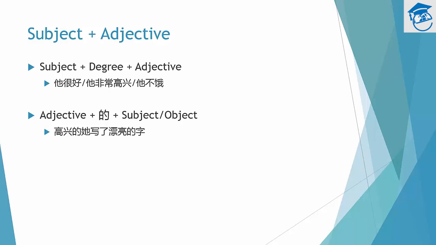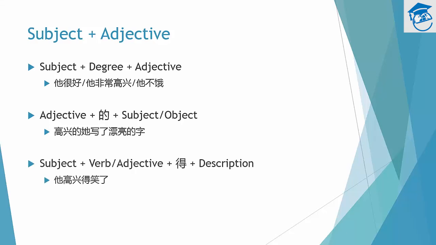Okay, next one is subject plus verb or adjective plus 地 plus description. As I introduced earlier, it has the function of adding description of the verb or adjective. For example, 他高兴地笑了. 笑了 is described by his feeling of happiness.